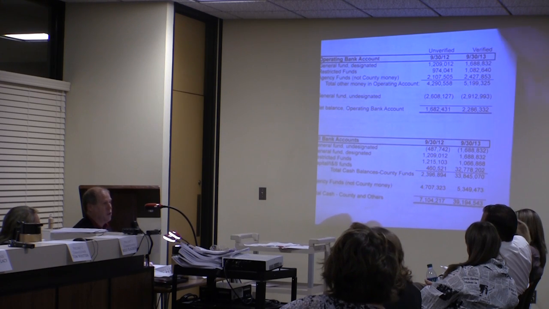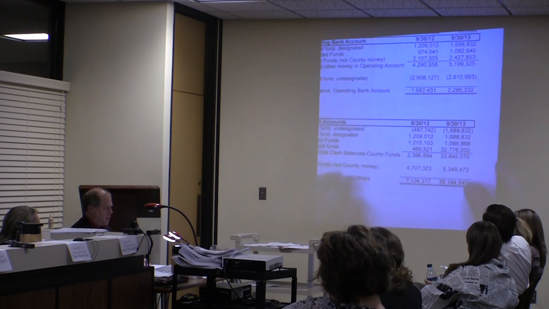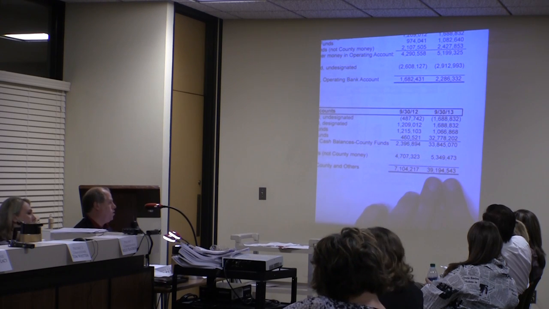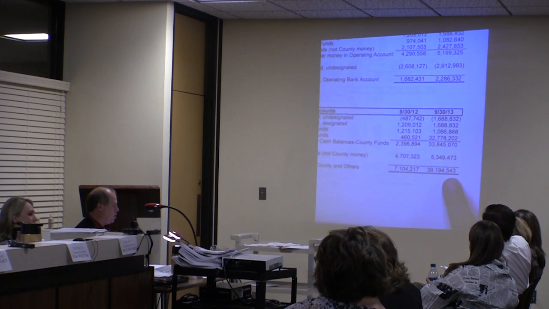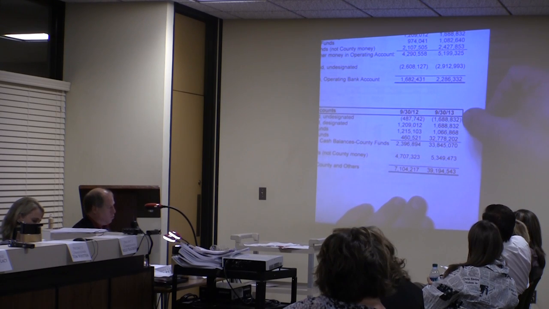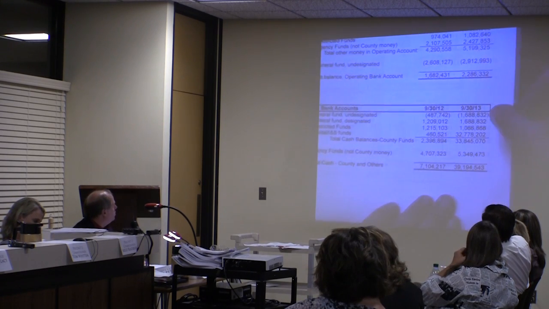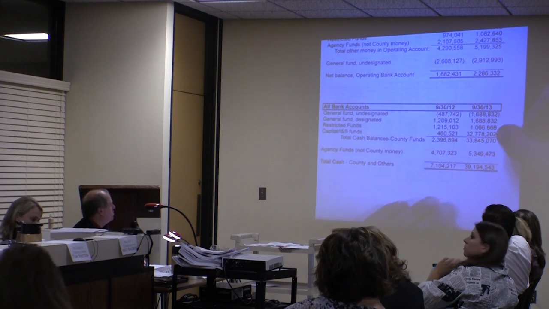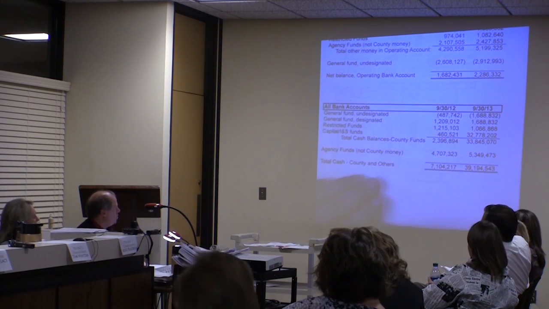So this agrees with the audit report. When you look at how much cash, it was $39,194,000, the same number Steve showed you on one of his slides. And that is made up of a negative $1.68 million, a positive $1.68 million, the restricted funds, and the capital funds. So how do we get to these numbers?